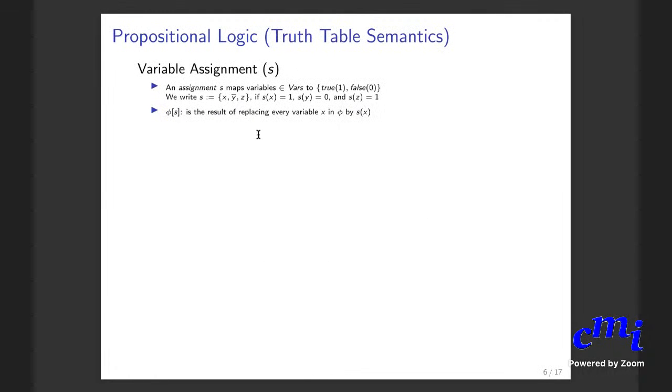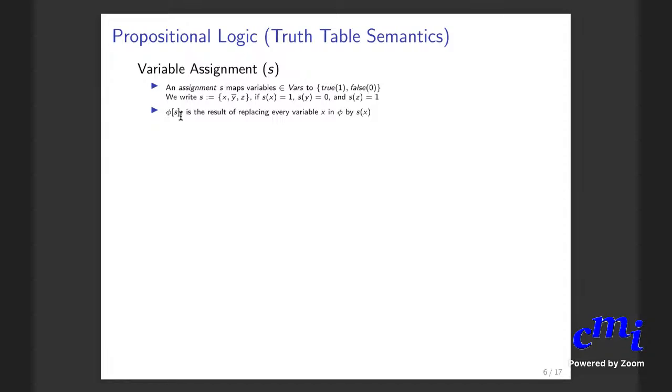You can also define the semantics in a different way. Suppose that given any variable assignment s and a formula phi, phi of square brackets s denotes the result of replacing every variable x in phi by 1 or 0. Here I'm abusing the notation a bit, substituting 1 for true and 0 for false.